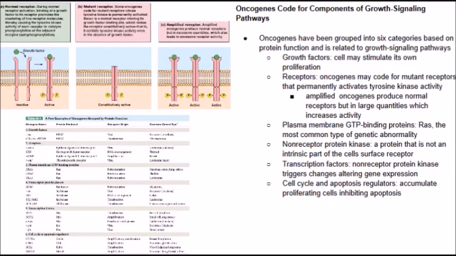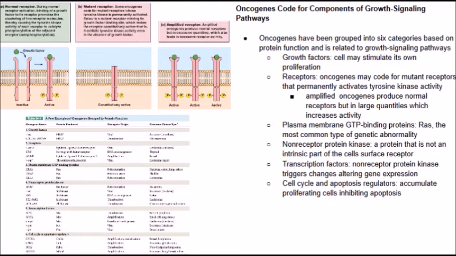The top left figure is described as A, a normal receptor activated by binding the growth factors to the receptor. This causes tyrosine kinase to be activated, causing each receptor to autophosphorylate.